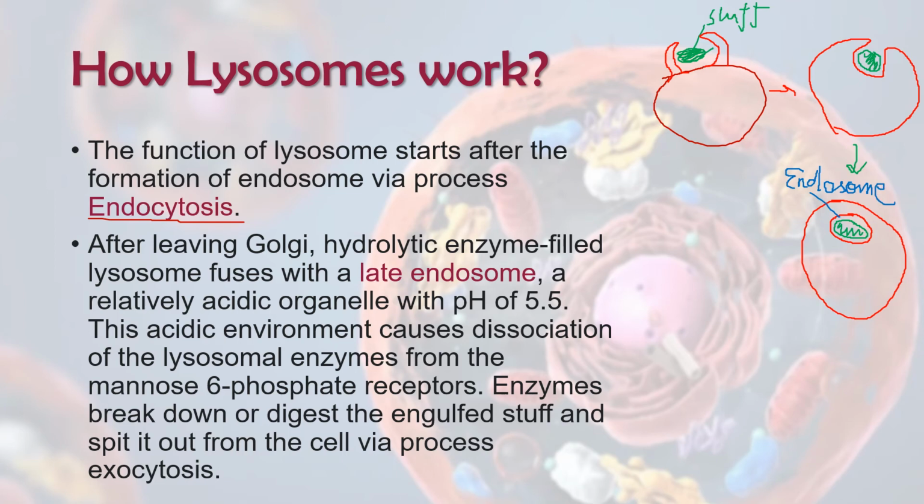Now there is one speciality of this endosome: the outer membrane is having lots of proton pumps. This is our primary endosome. It has lots of proton pumps that are used to pump so many protons inside from the cytosol of the cell.